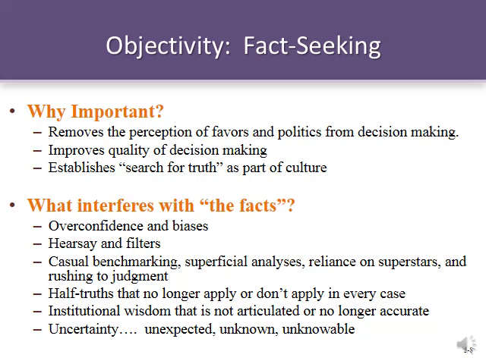Another thing that can happen is the idea of reliance on superstars. This can happen a lot where, maybe you have a top researcher who was at the top of their game, and people have so much respect for them, and they carry such a weighty reputation that anything they say goes, even though they may not be expert in the new areas that are important to the company. And you have to really worry about that.